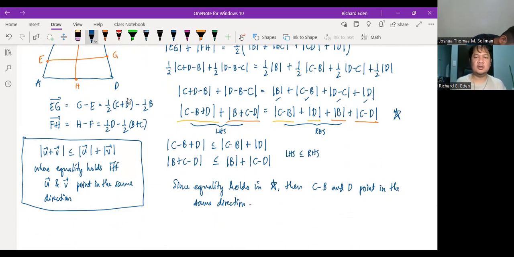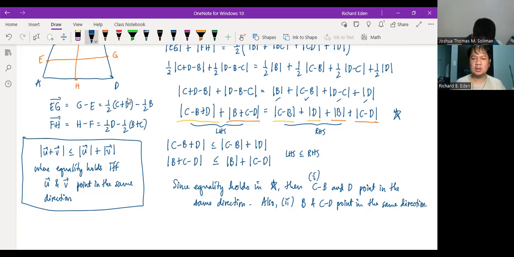Okay, so this is 1. Also, from 2, B and C minus D also point in the same direction.